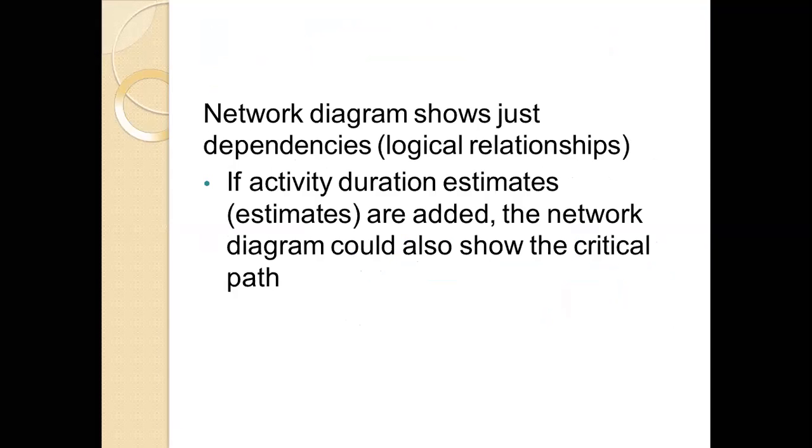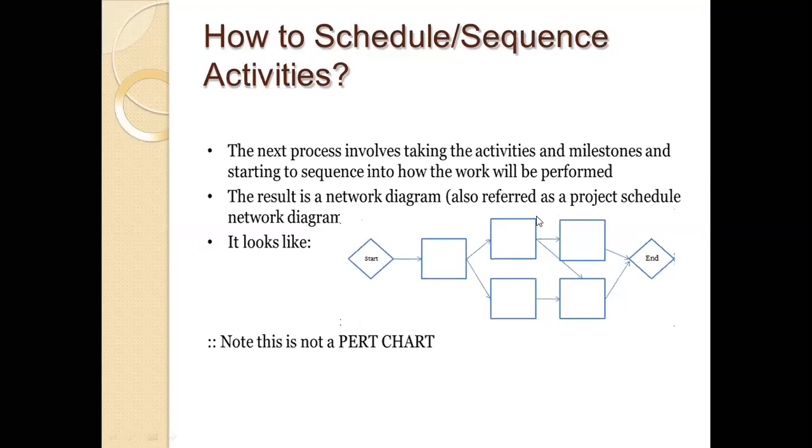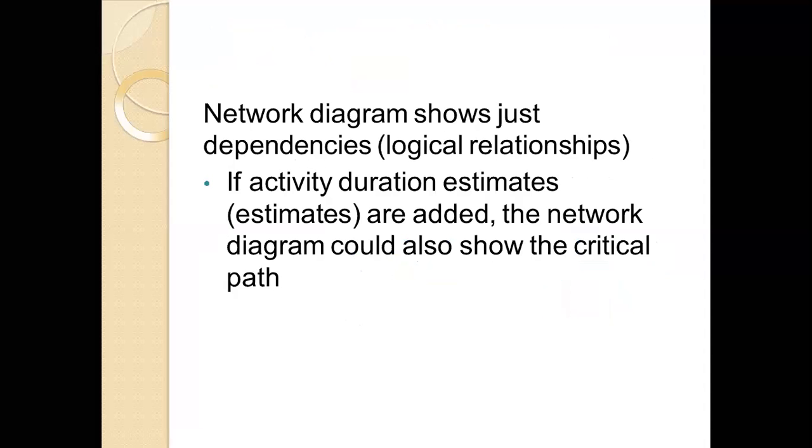This activity cannot be done without these activities, and this activity cannot be done without these three activities. Only if these are done can you do the next ones. So there is a network kind of link between the various activities, and that diagram is called a network diagram.